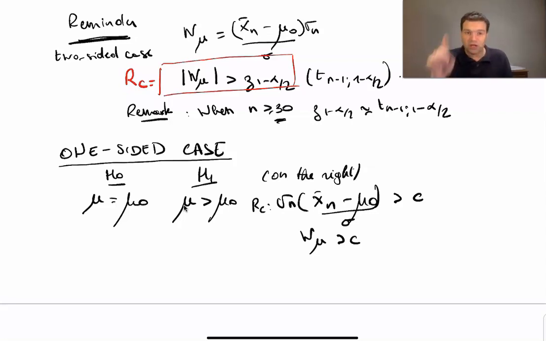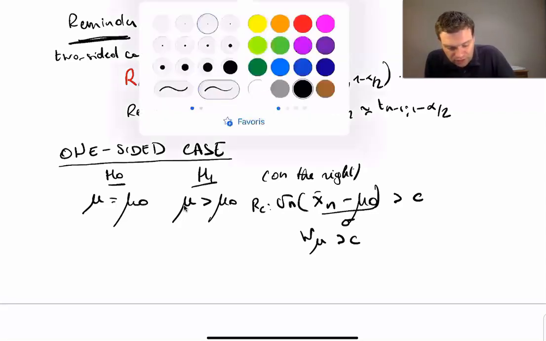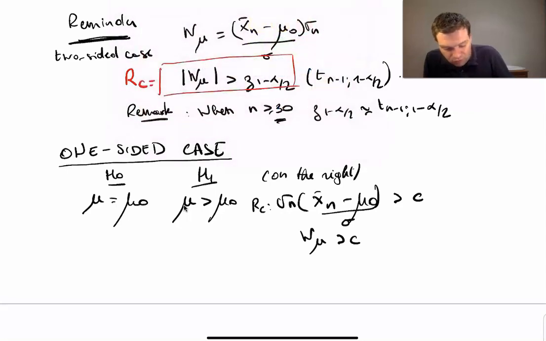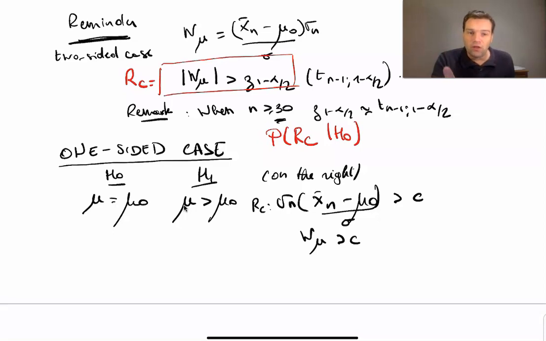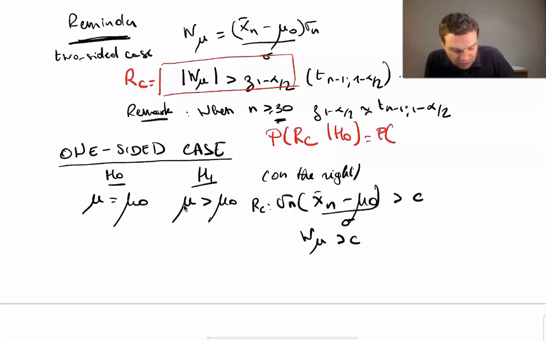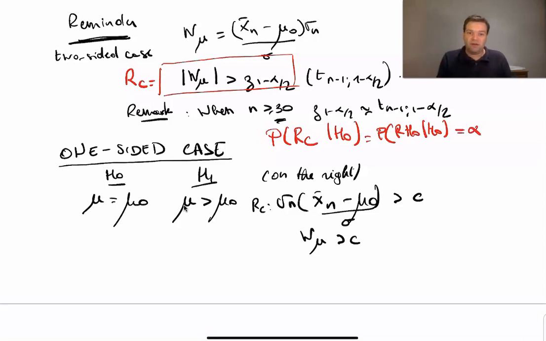The critical region under the null hypothesis always has, and it's really important, a probability, if the null is true, which in all the cases we have seen up to now is the probability of rejection of the null hypothesis when the null hypothesis is true. This is alpha. That means that every critical region, every rejection region, has a probability alpha. We do the same here.